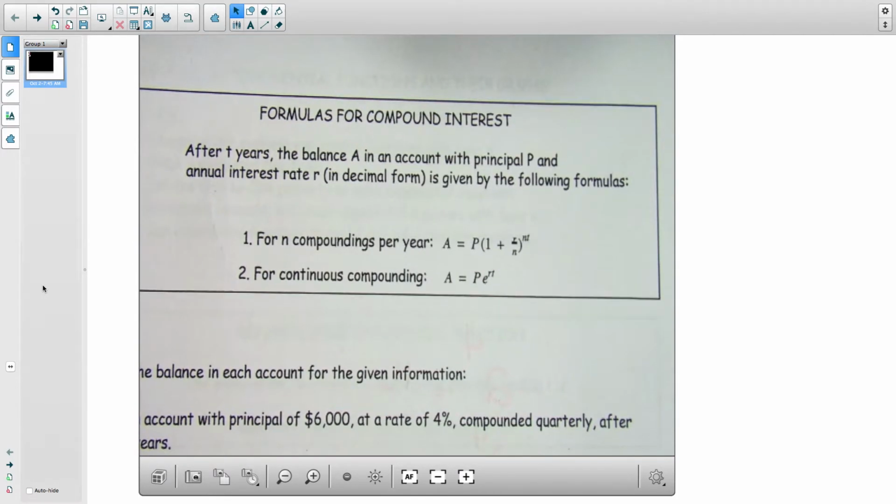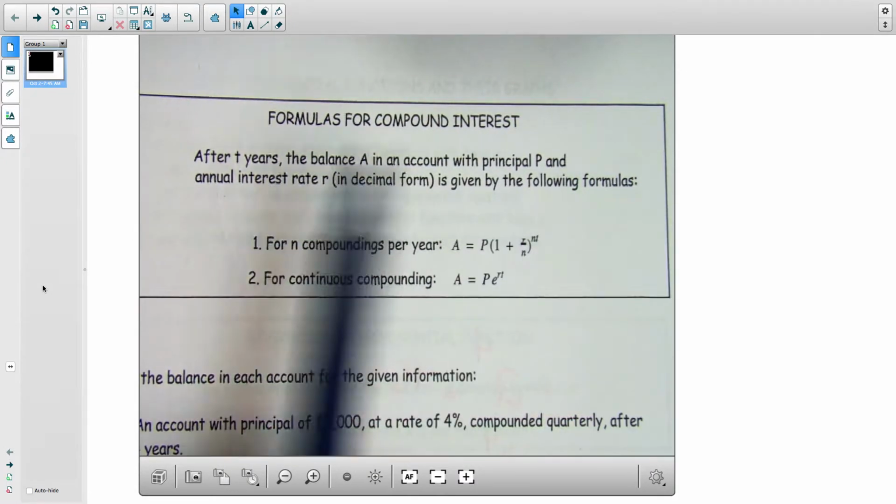All right, and then we have the formulas for compound interest. Let's put it in terms of a savings account or a CD. You go to the bank and you put money in, and they're going to pay you interest. Interest can be compounded different ways.